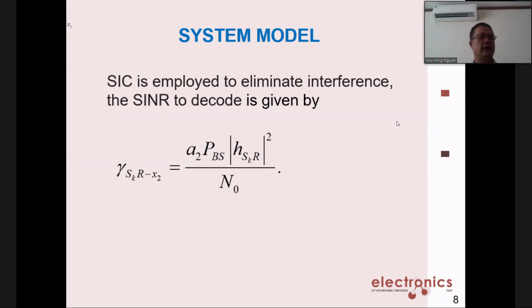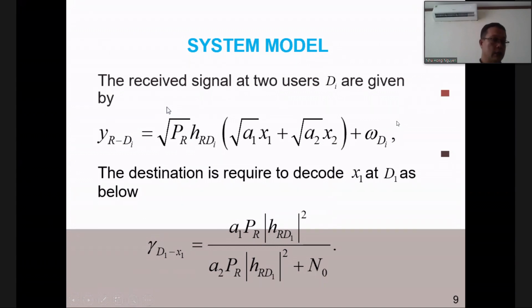Continuing, the decoding of X2, in which SIC is employed to eliminate interference. The SINR to decode X2 is given by the equation. Similar to the receiver, for the decoded signal at the destination we have the general equation.